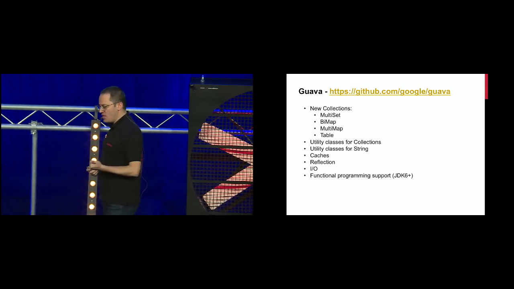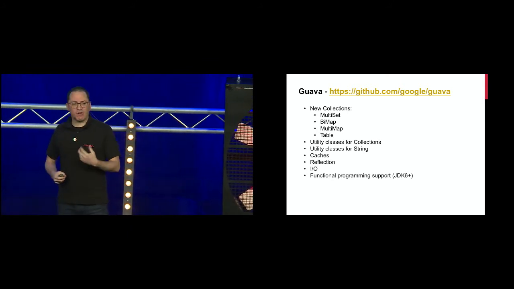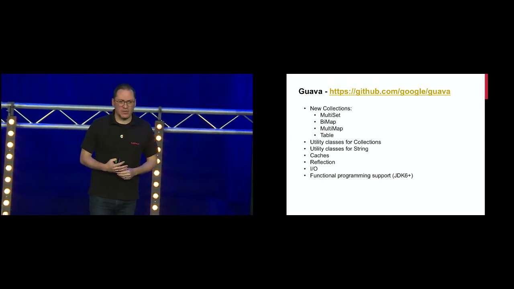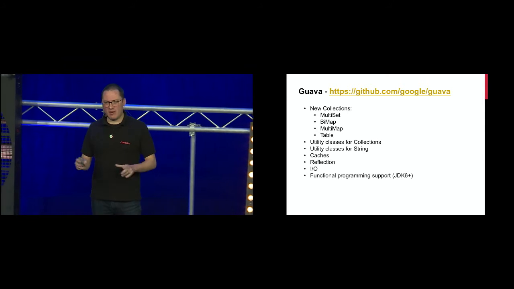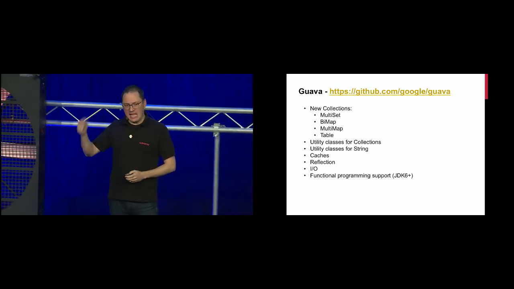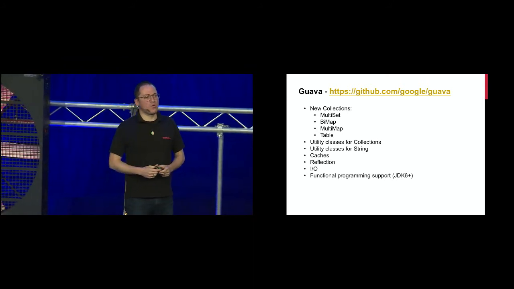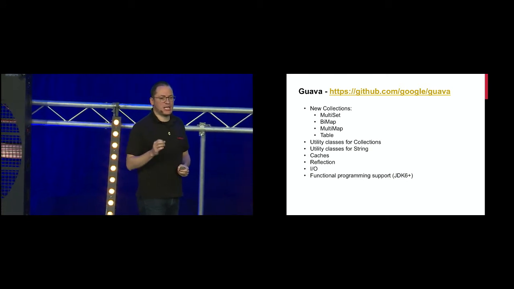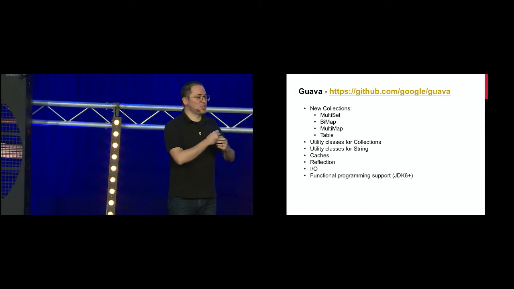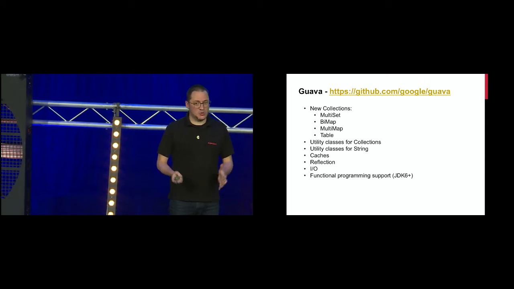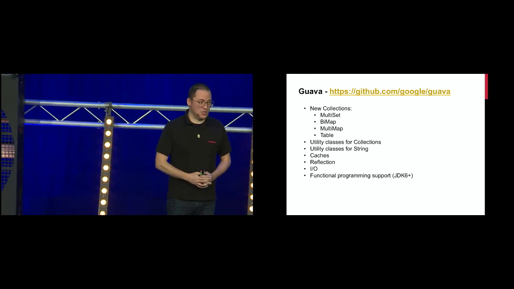You also have additional utilities for handling I/O, reflection, caches, and a few things that are related to testing. So overall, it's a good library. And if I'm not mistaken, the next major release of Google Guava will require you to use JDK 8 as a minimum. If you have not switched to Java 8 already, please do so quickly because Java 9 is supposed to come out this year. You don't want to be left behind.